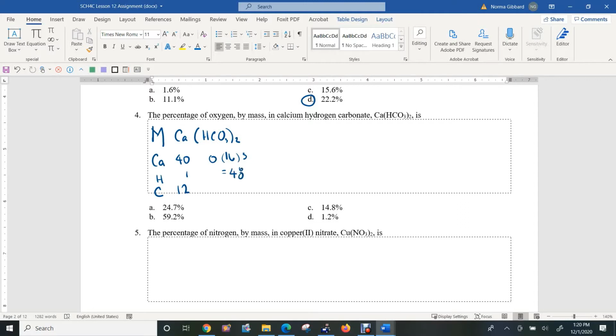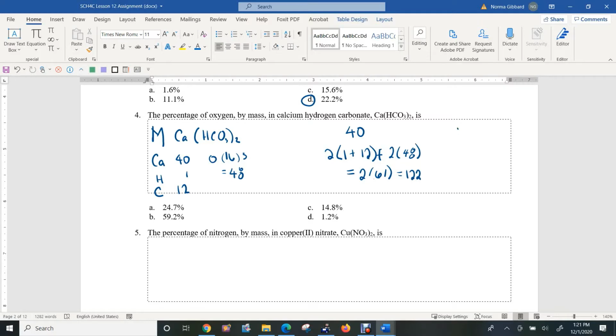Now, we have 40, plus 2 times (1 plus 12 plus 48), and this works out to be 2 times 61, which is 122.